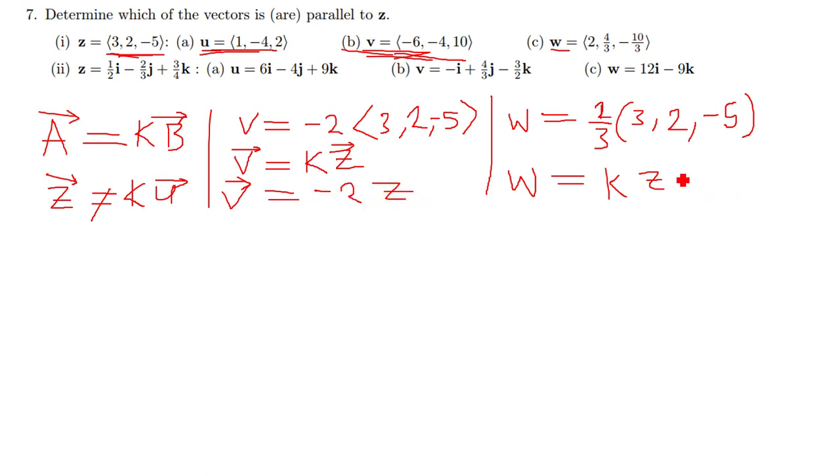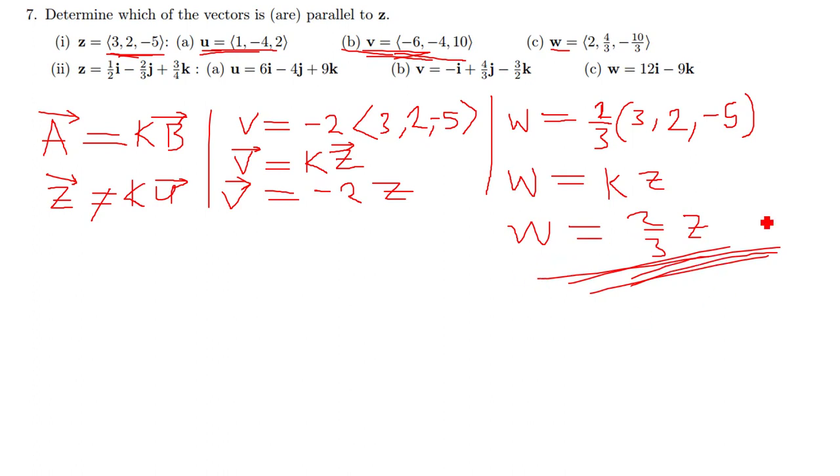So our k will be 2 over 3. So in short, w is parallel to z because w is 2 over 3 z, and the scalar multiple that we have there is 2 over 3.